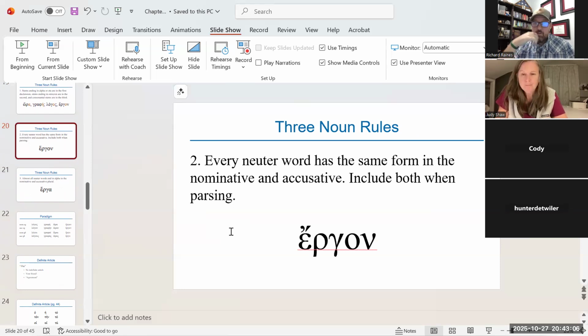Neuter words are the same in the nominative and the accusative. This is what I was saying earlier. So if you see the word ergon, it could be either nominative or accusative.